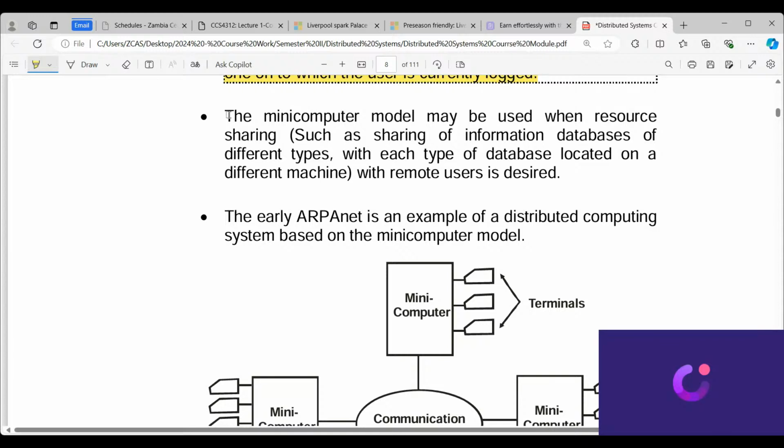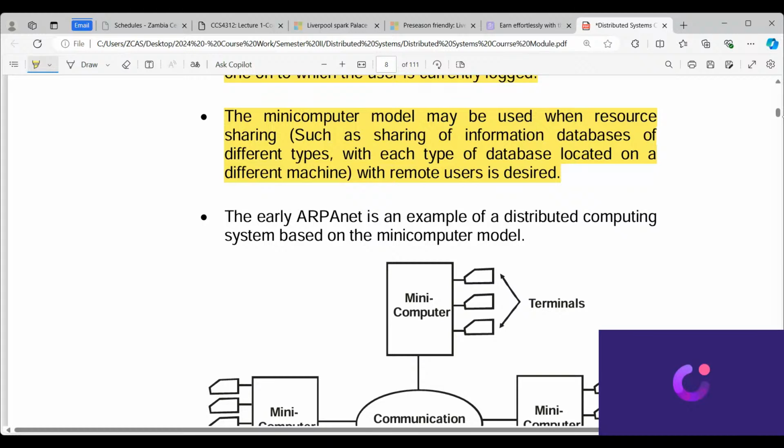This is the condition under which a mini computer model can be used. So you need to use this model when you are sharing resources with remote users.